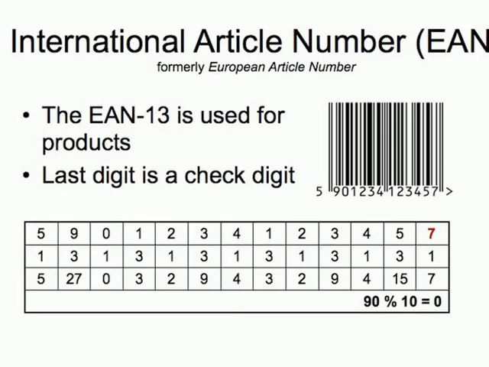The international article number used to be known as the European article number, and we still use the abbreviation EAN for that. That's used to identify products in a retail environment. So if you look at a can of any soft drink that you have or a packet of something, you'll see the barcode on that. That barcode represents the EAN. The last digit of the EAN is a check digit.